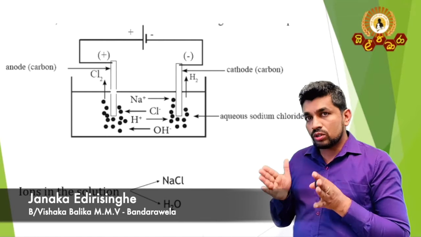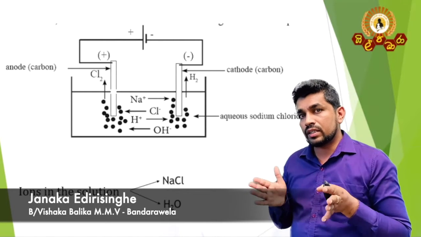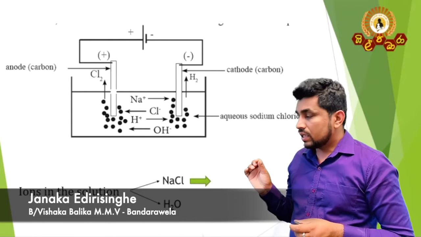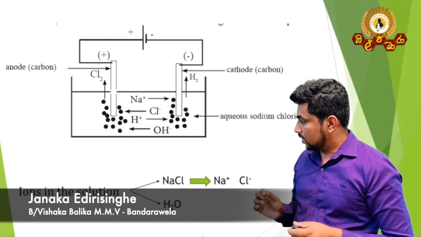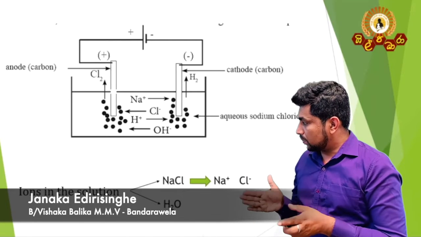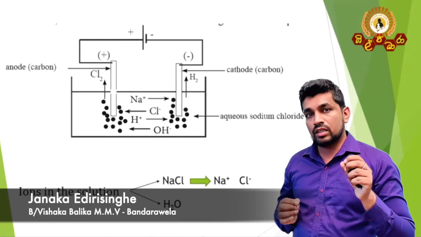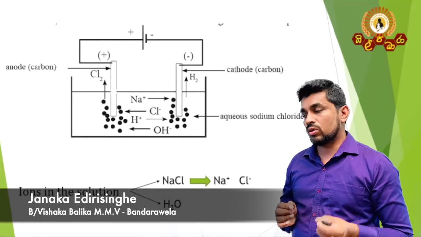Both of these substances are separated into ions. That means sodium chloride is separated into two ions: the sodium ion and the chloride ion.